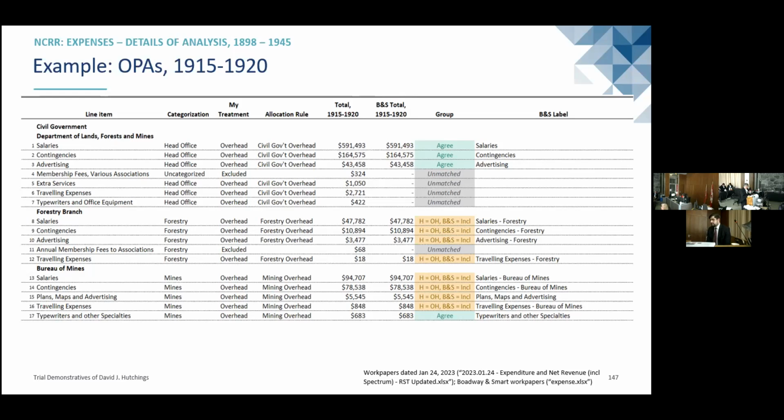So what does that mean? Taking the number of $47,782, that would mean they would attribute all of that to direct Crown resource revenues. I would attribute a portion based on the relevance of other forestry revenues yet to be discussed later on. In this period of time, that's probably a high portion, but there's going to be a slight difference in how we treat it.